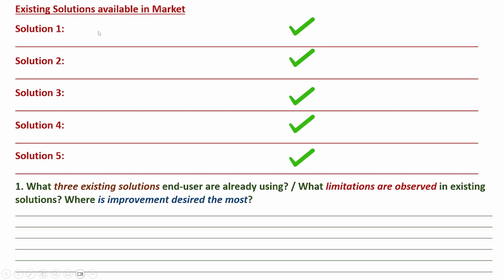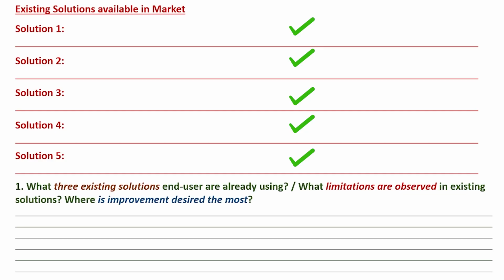So you will write down all these solutions only for reference, as a reference section while you are interacting with your end user. Once this is done, you will start interacting with your end user with the very first question, which says: what 3 existing solutions are end users already using, what limitations are observed in existing solutions, where is improvement desired the most?